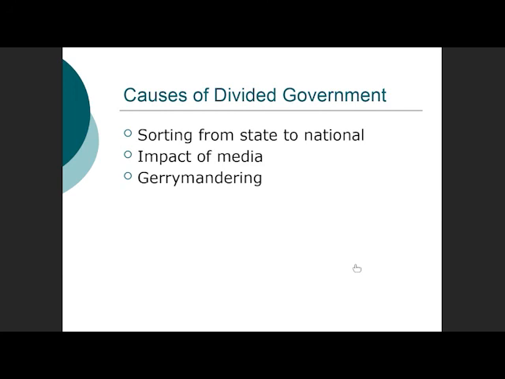You're tilting the playing field, right, toward one party and away from the other party, which is going to ratchet up the angst and the anger and the combativeness that goes between the parties.